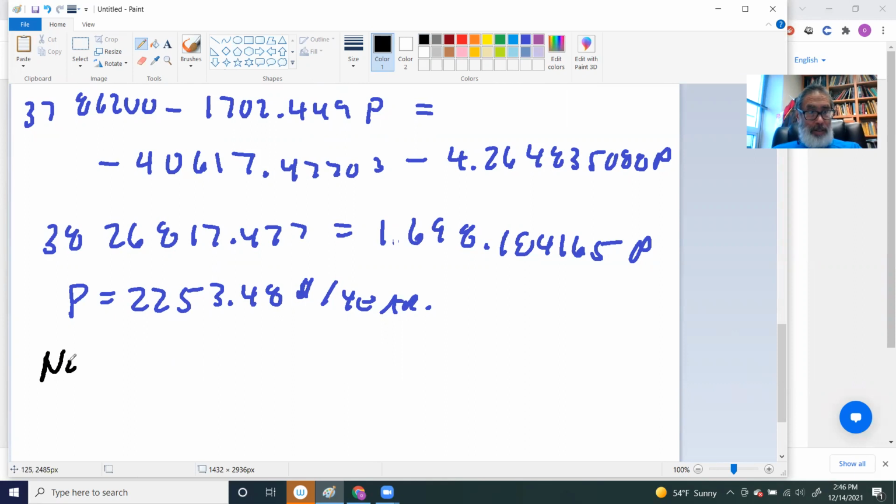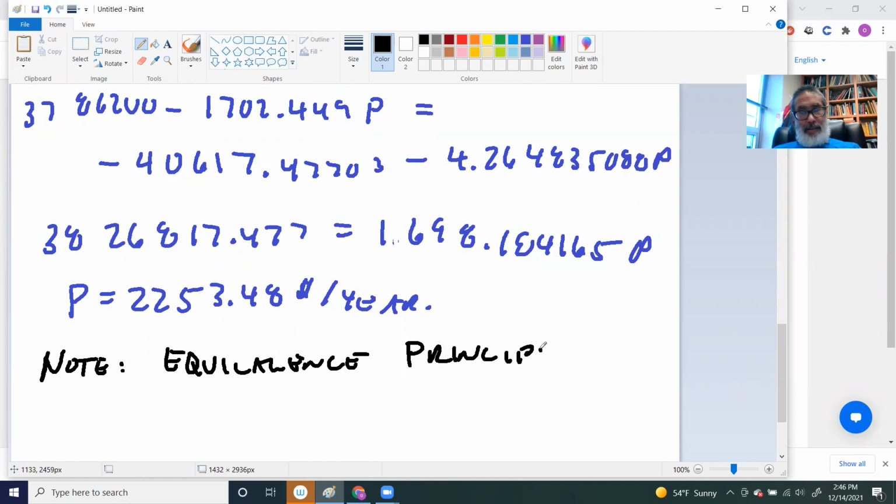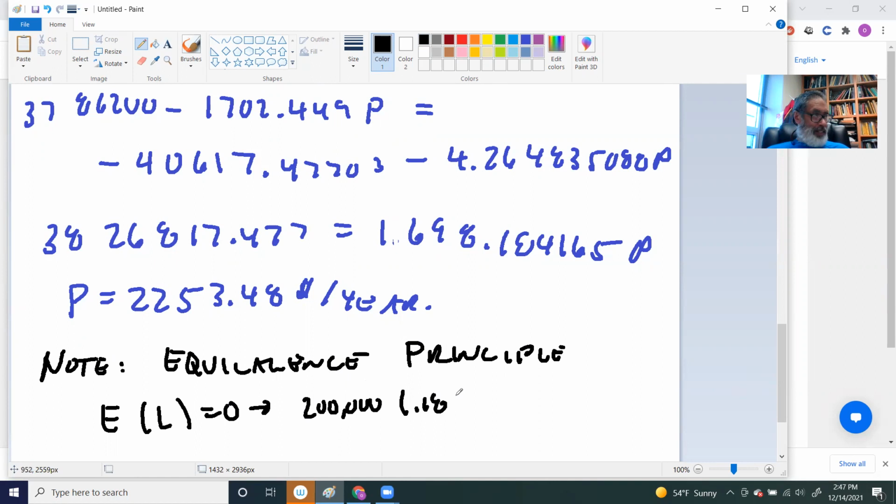Note, by the equivalence principle, which seeks to set the expectation of this equal to 0, the equation we'd actually have is the benefit, 200,000 times 0.18931 equals the premium times 17.0245. Now, if that went a little quickly, I should explain where that came from.